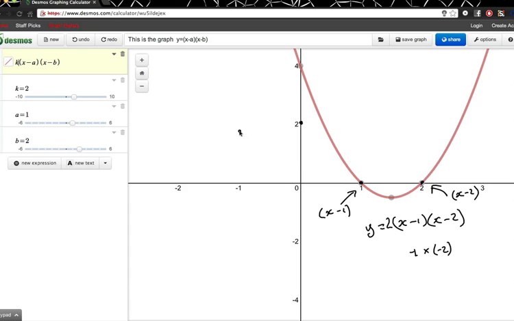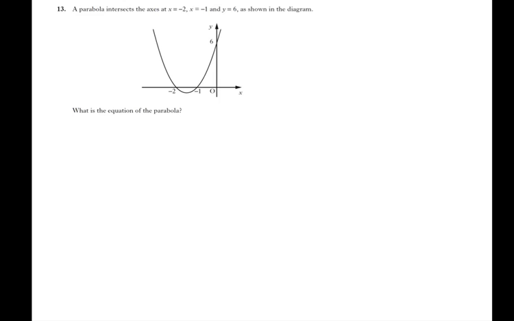So I think that now we should have enough background knowledge to go back to the question and try and tackle it. So here's the question again. Parabola passing through minus 2 and minus 1, crossing the y-axis at 6. Let's get a larger scale picture.